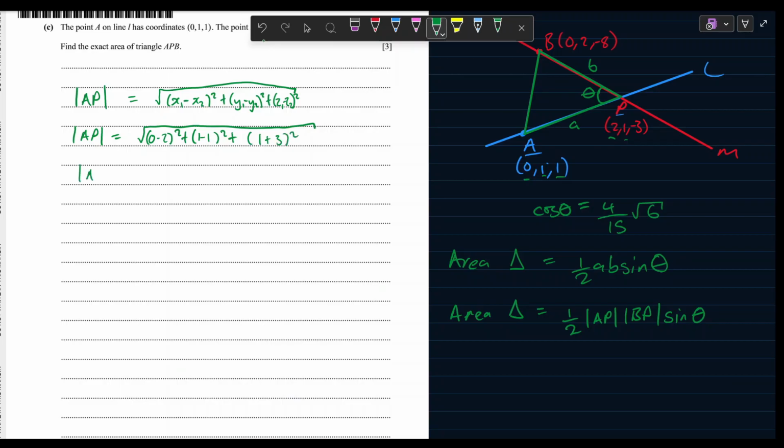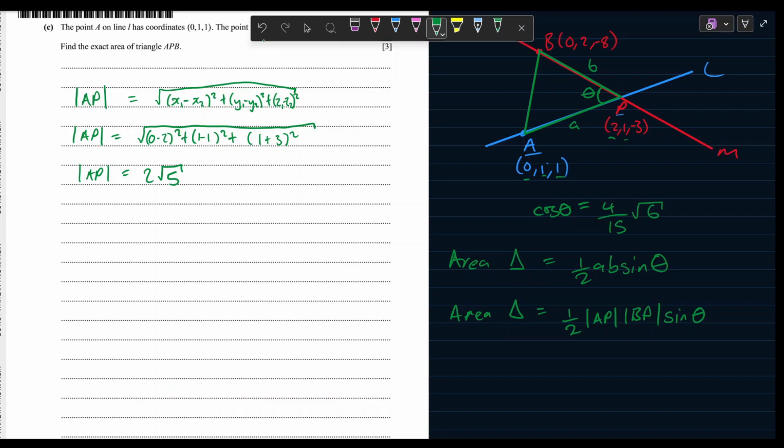Let's punch this into the calculator. This is the square root of 0 minus 2 squared plus 1 minus 1 squared plus 1 plus 3 squared, and this gives us 2 root 5.